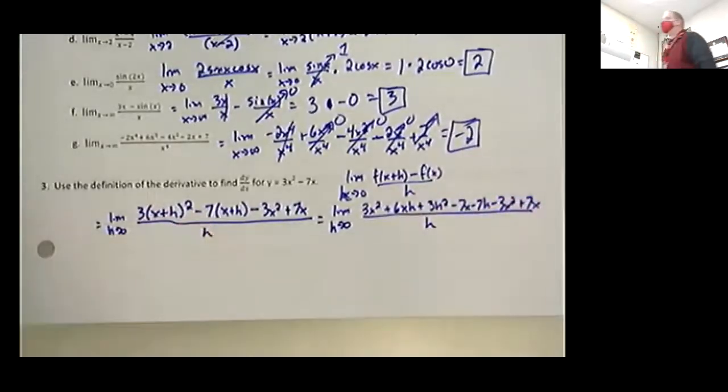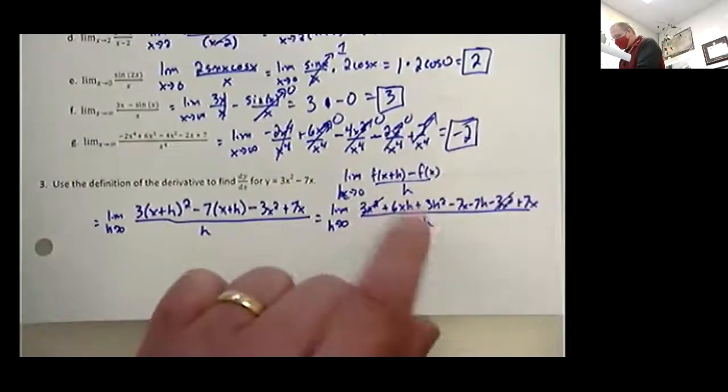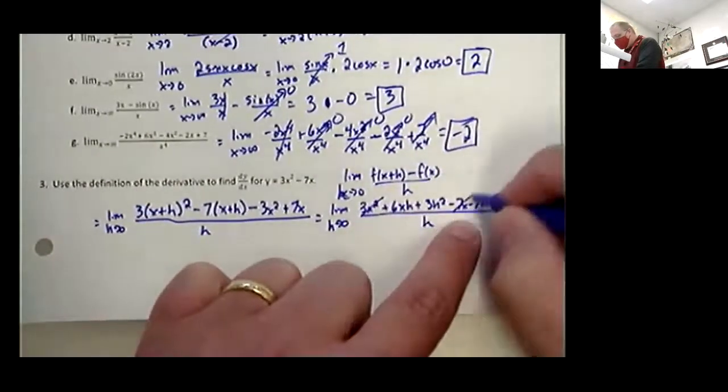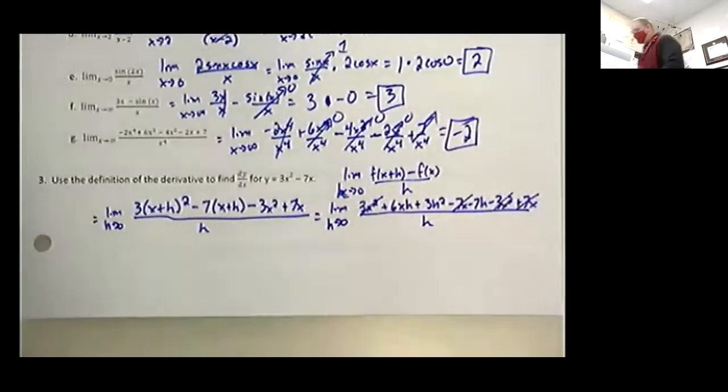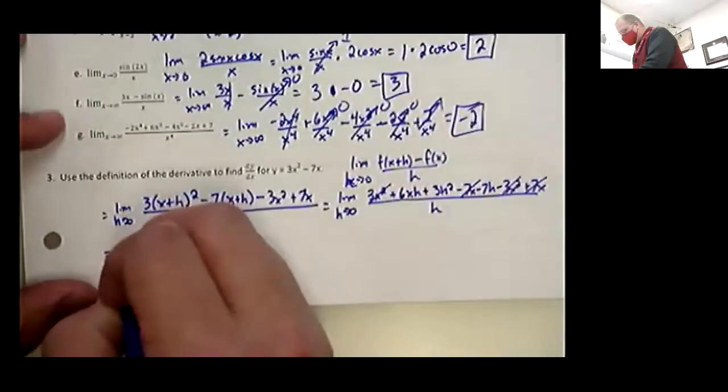If we did that correctly, everything without an h should do what? Cancel. So there's a 3x squared minus a 3x squared. Here is a minus 7x and a plus 7x. Now we can divide the h's. So this is the limit as h goes to 0.